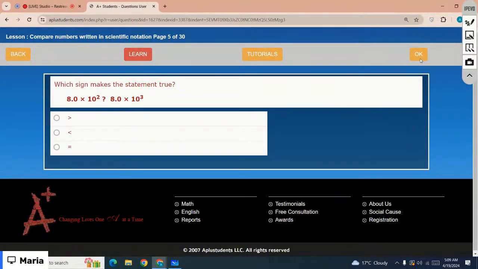Which sign makes the statement true? Which is the correct option? That is, 8 times 10 exponent 2 is less than 8 times 10 exponent 3, right?